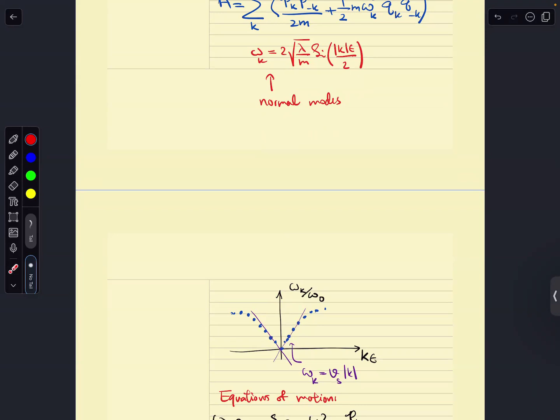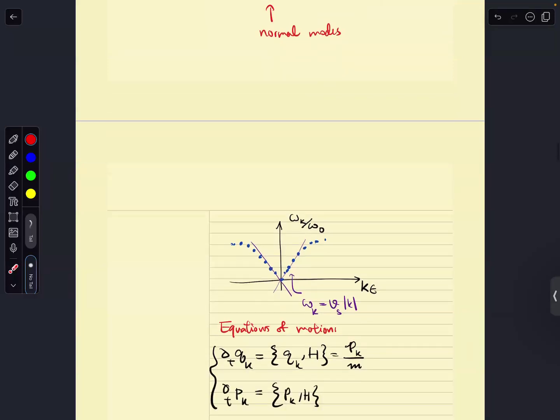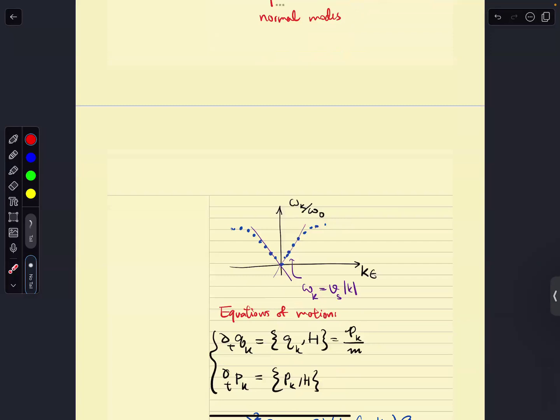The tangent is basically the velocity. Near zero, which is low momenta, long wavelength, you see a linear dispersion. So there are two interesting features. First, there is a maximum energy for momenta in the dispersion relation. And second, it is linear here. We're going to come back and comment on these two features.